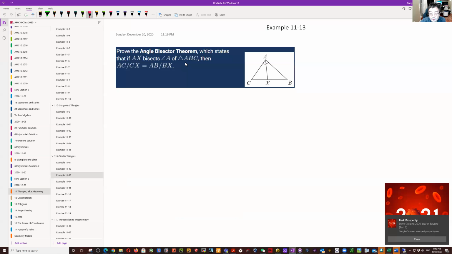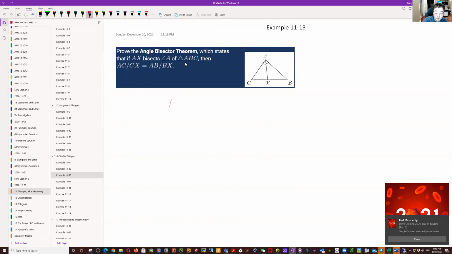The angle bisector theorem states that if you have a triangle ABC, and AX is bisecting the vertex A, then you have AC over AX is equal to AB over BX. Also, you can write it a different way.